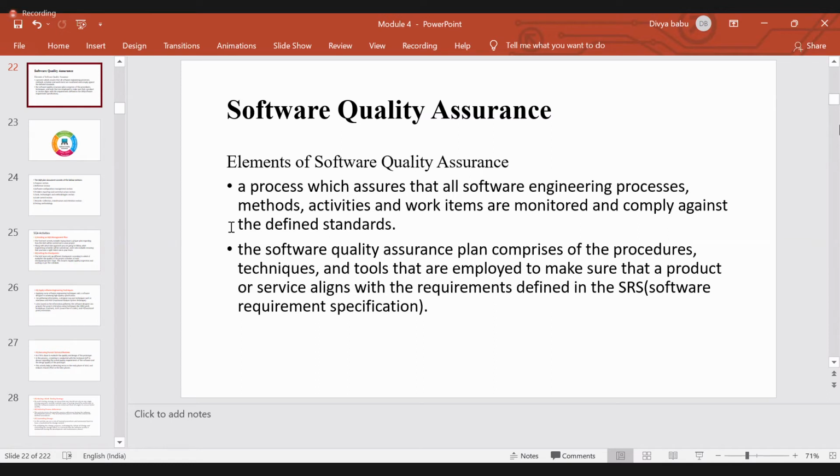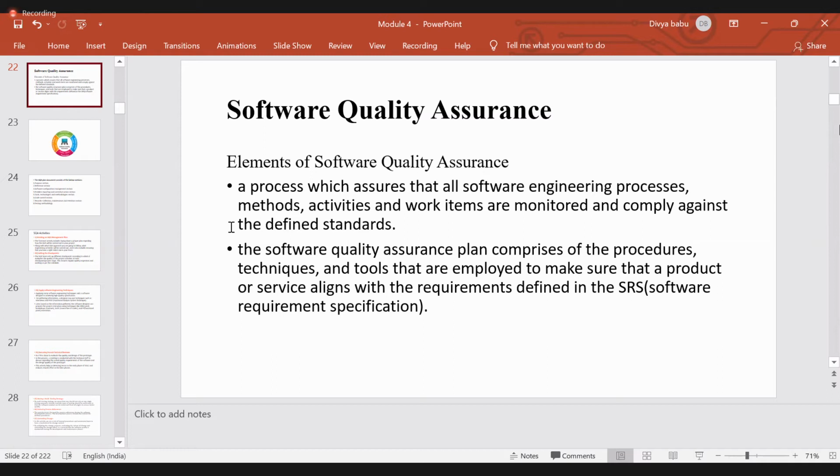So when we say this is a quality certified company and it's following such and such quality standards, it means the product, process, methods, everything complies against some standards defined by the organization, right? So that is our assurance.